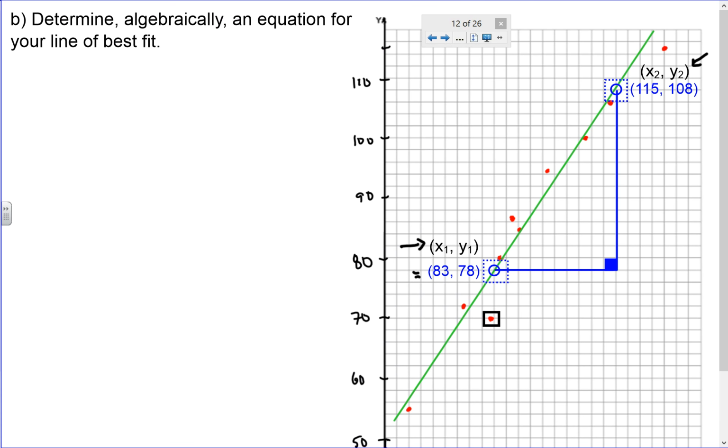So my first one is (83, 78), and then the second one is (115, 108). So those are my coordinates. So notice I'm also dropping in both this horizontal as well as this perpendicular and creating a slope triangle or a rate triangle. So the idea is to determine the rate of change.